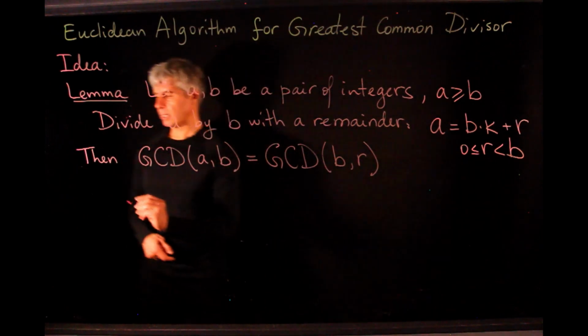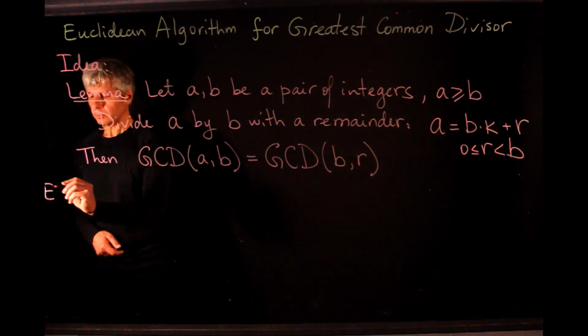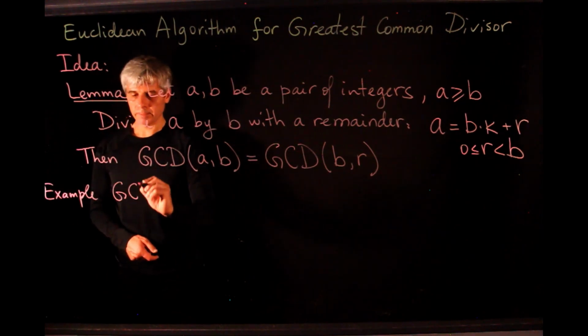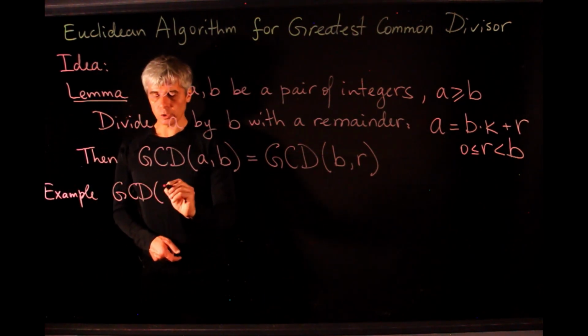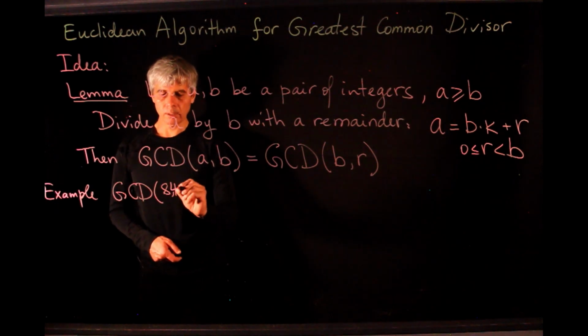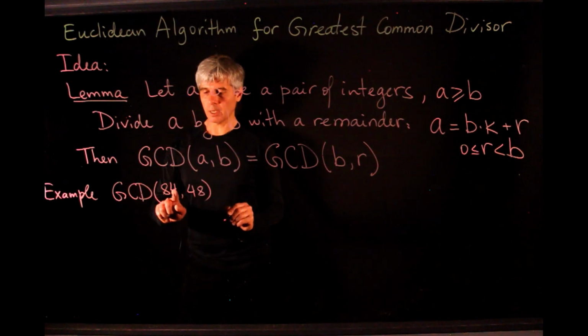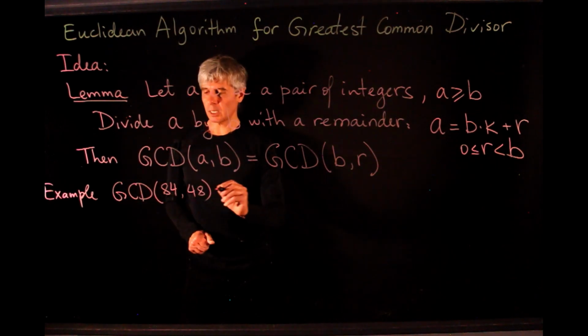Now, let's do an example. Let's take the same integers 84 and 48 and compute their GCD using the Euclidean algorithm.